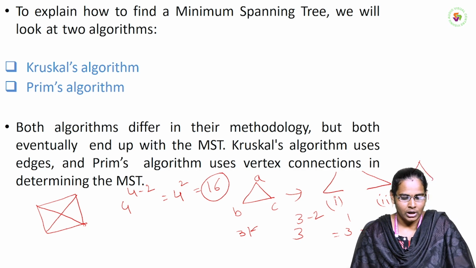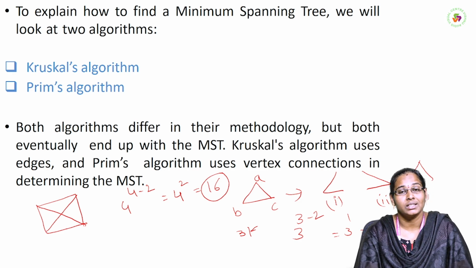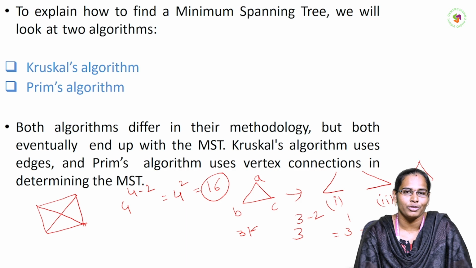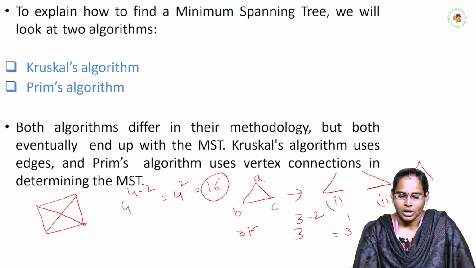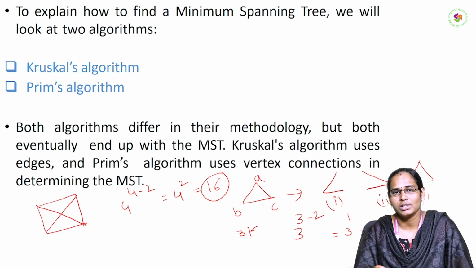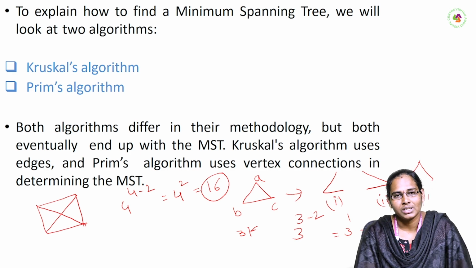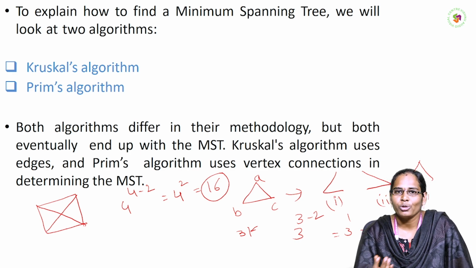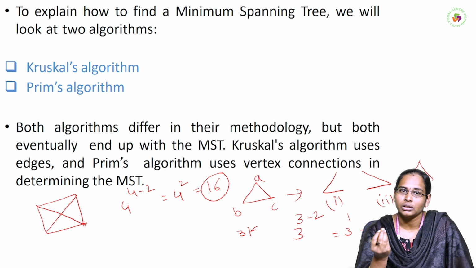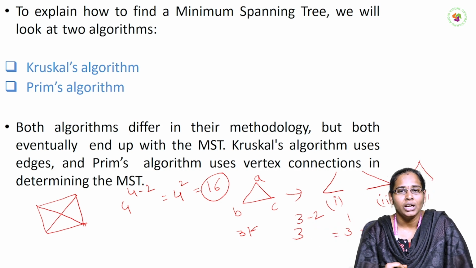Here we have only 3 vertices or 4 vertices, then you have to generate all 16 possibilities and filter a minimum cost spanning tree. Suppose 5 vertices or 6 vertices are there, then how many possibilities are there? How do we filter a minimum spanning tree among all possibilities? So, it is very complex.